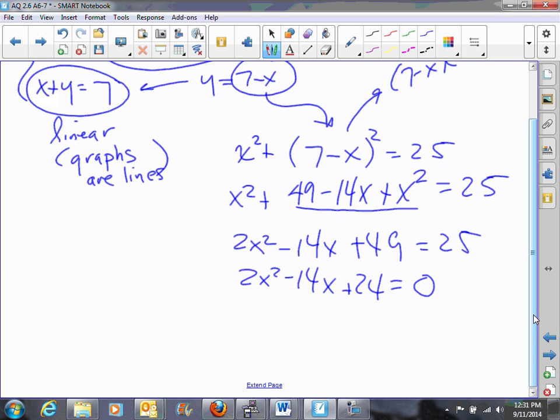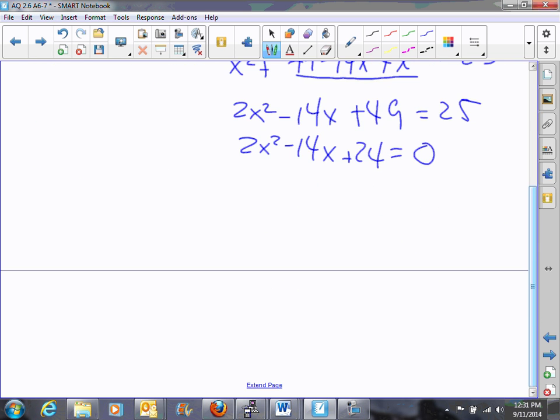And now, before we go off like a herd of turtles, you all have heard of turtles, I'm sure, notice that there's a factor of 2 in all three terms of that quadratic polynomial. So we could actually just divide both sides of this equation by 2 to get x squared minus 7x plus 12 equals 0, because 0 divided by 2 is still 0.